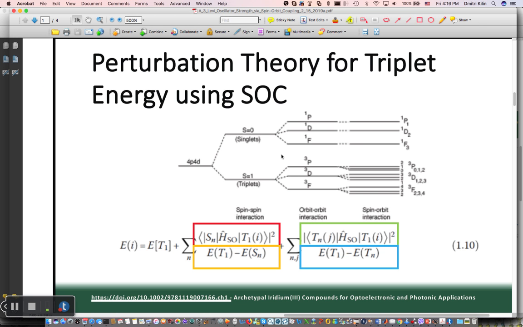But is it really included in this formula? What? The splitting in triplet state? Yes. Where? So the energy of I, which I don't really like how they implemented it. This E of I means I is the spin component.